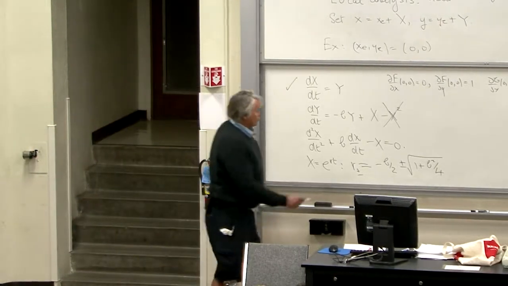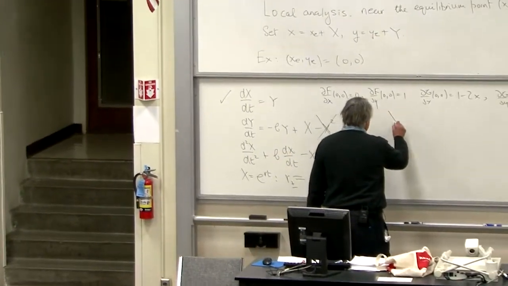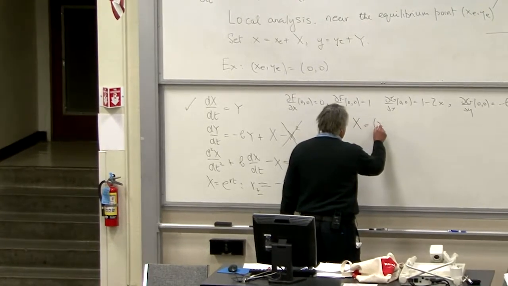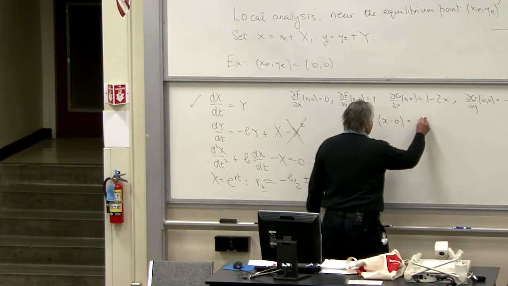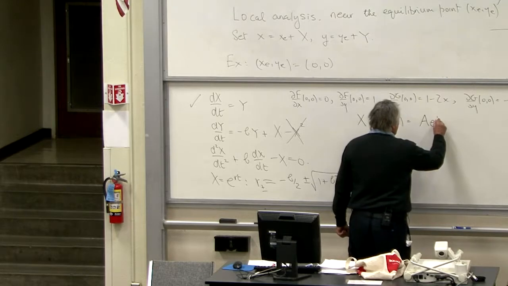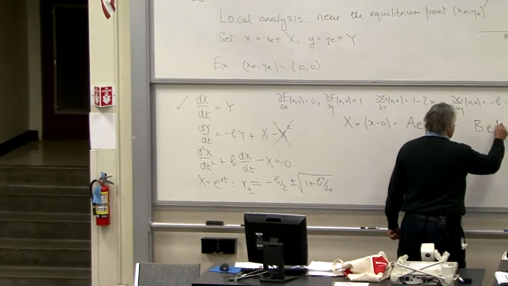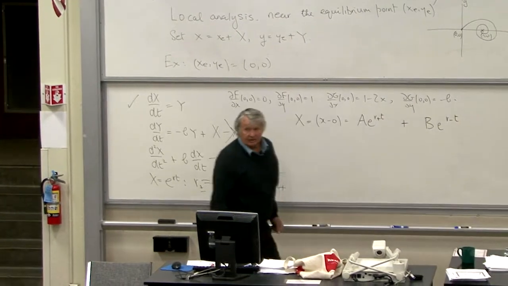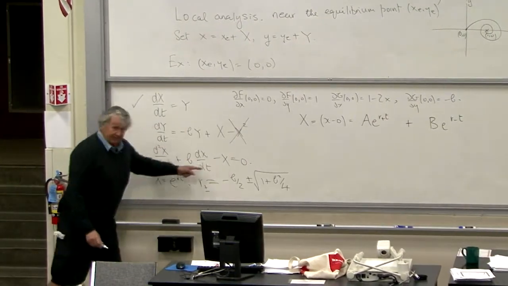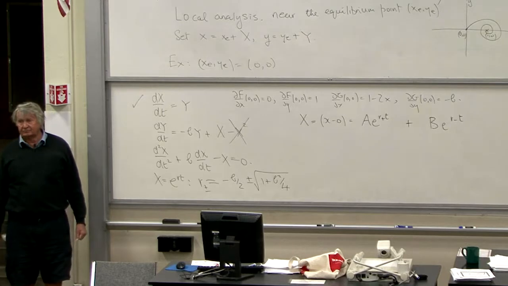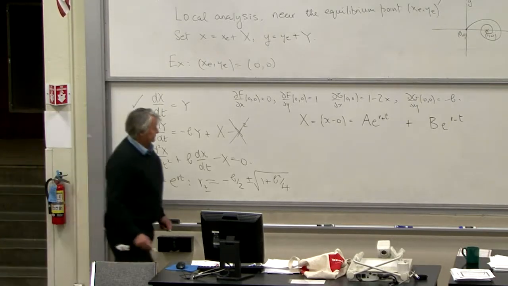So what's the solution? The solution is capital X, which is x minus 0, is equal to a e to the r plus t, plus b e to the r minus t. Right? It's just the solution of this equation. And what's the y?